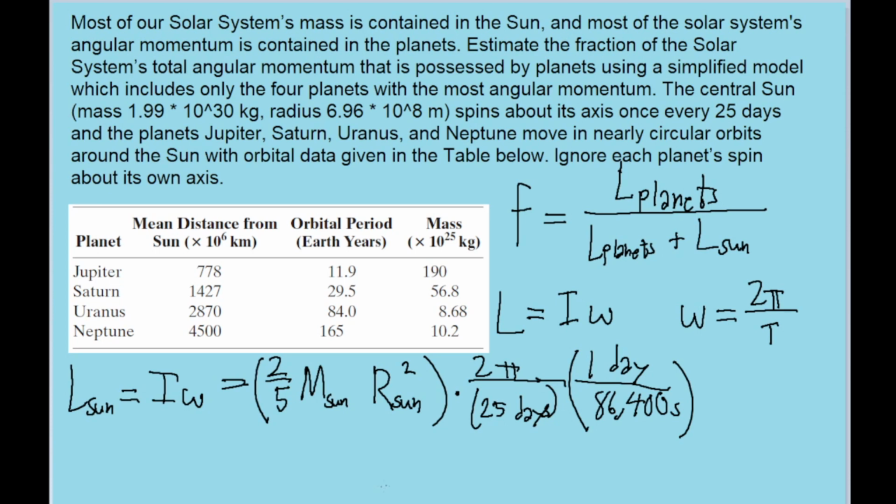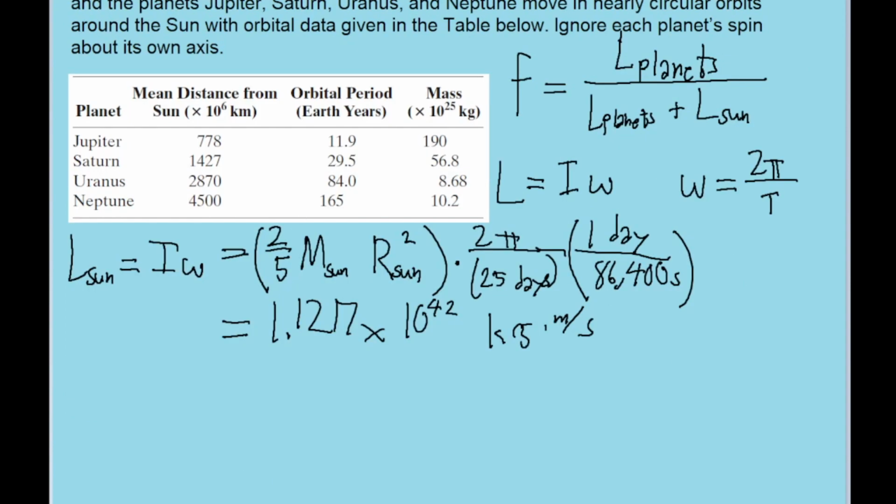And if we put that into our calculator, we find that the sun has an angular momentum of about 1.1217 times 10 to the power of 42 kilogram meters squared per second. That's a pretty big number. But now let's try finding the angular momentum of the other planets we're dealing with, and see what we can do there.